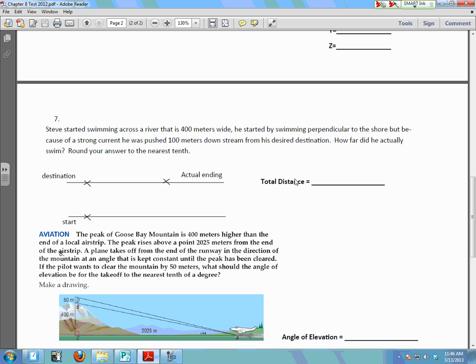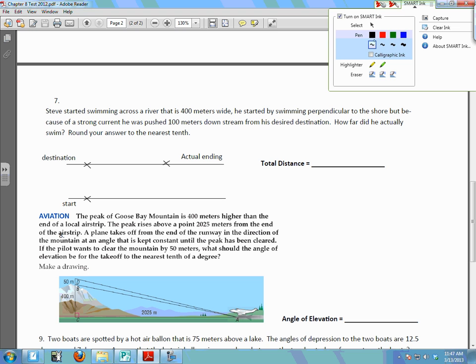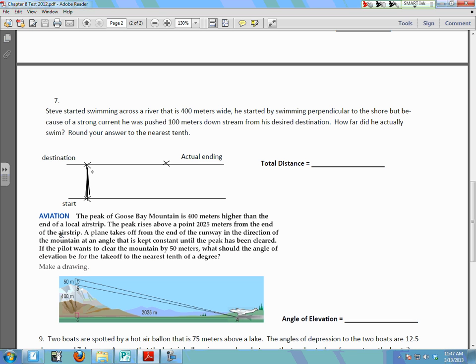Moving on to number 7, it says Steve started swimming across a river that is 400 meters wide. So this distance right here is 400 meters.